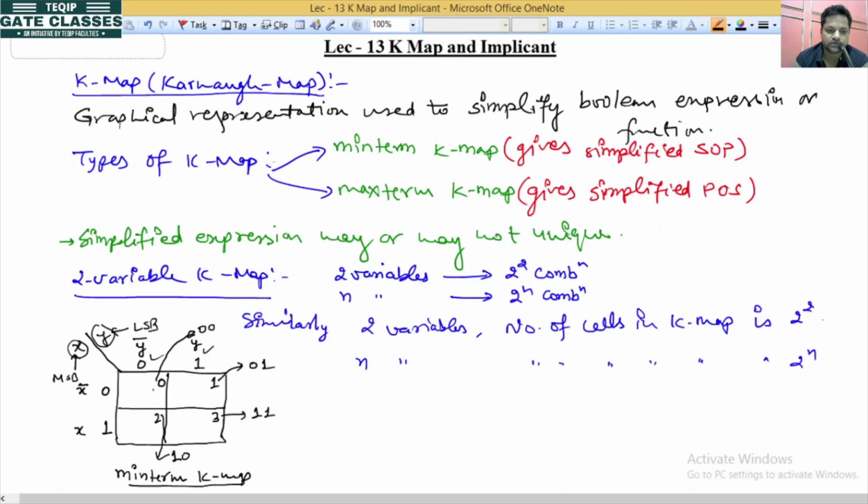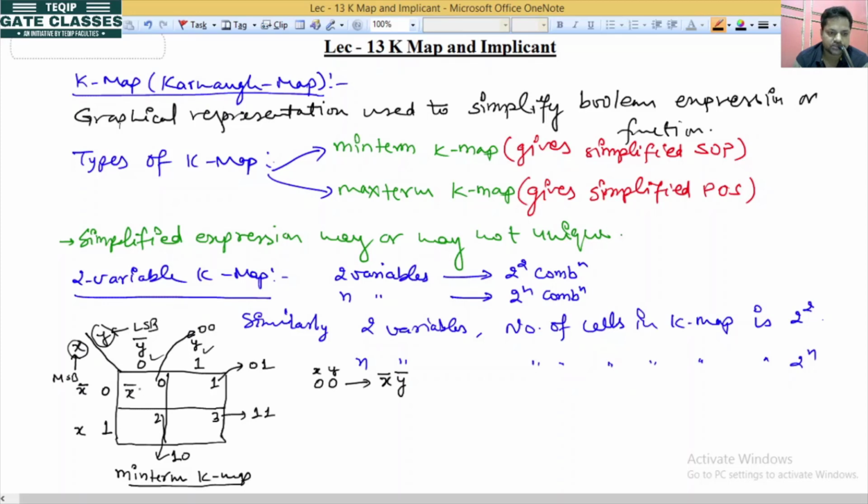So the decimal value of each cell I have written here, that is 0 1 2 3. First we complete the first row, then we move to the second row. Now I want to know which minterm is represented by each cell. We know that if the input variables are 00, then in minterm we represent it as x bar y bar.